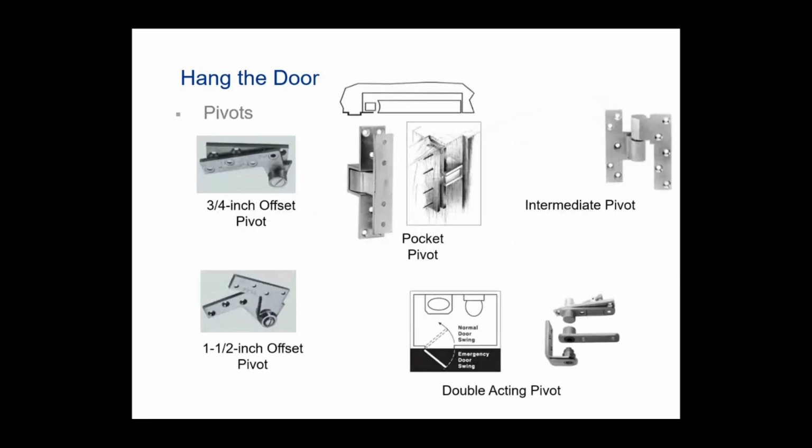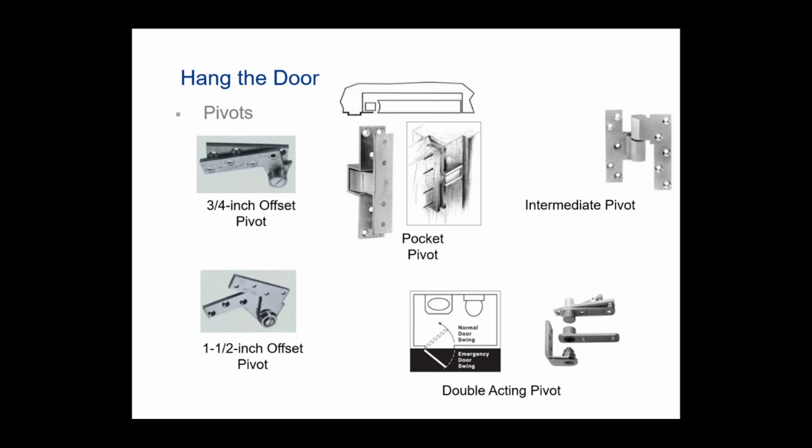Pivots. Pivots, like I said earlier, are for openings that are going to have heavy weight, but they can also be used in special applications such as double acting doors. A butt hinge can only open and close, but it can't double act without some sort of special barrel to allow that to happen.